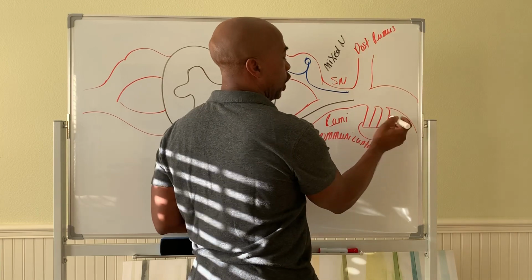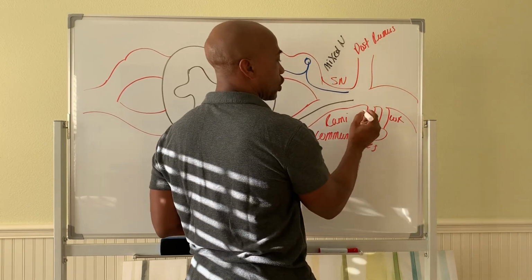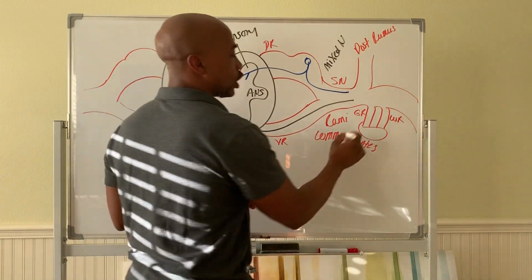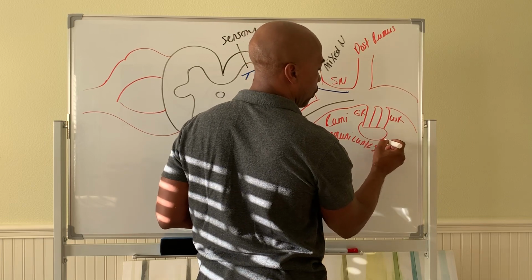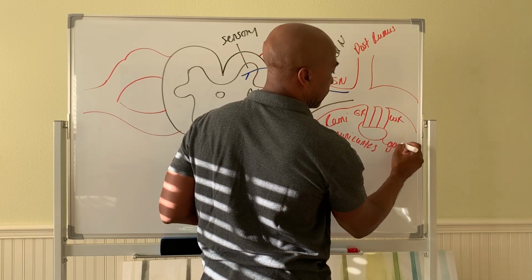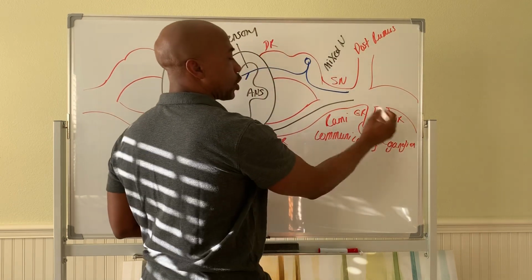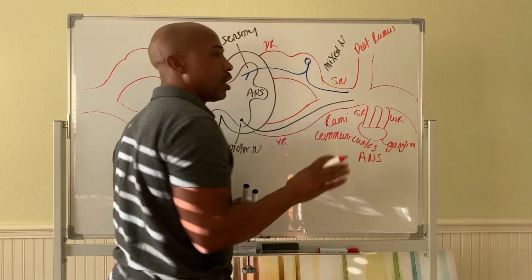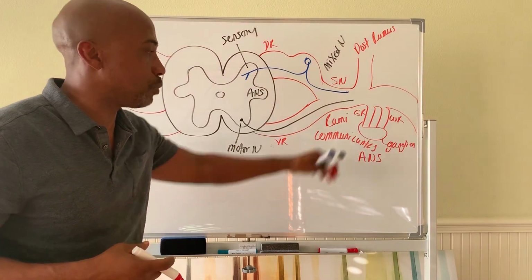This one here we'll call the white rami communicantes. This one is called the gray rami communicantes. And this circle here represents where neurons cluster. That's called your ganglion. This system here is only used by the autonomic nervous system, not by your skeletal muscles. Just the internal organs use these branches.